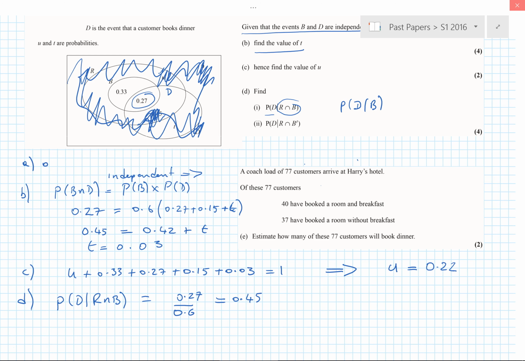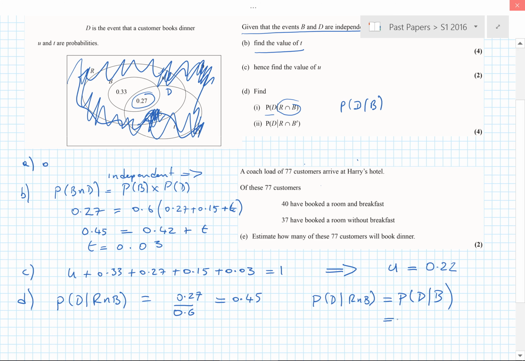Another way of looking at that, I suppose, is to say that, as I've already said, P(D intersection B) is the same as P(D conditional on B), because that means the same thing.